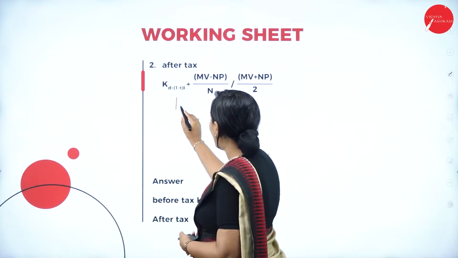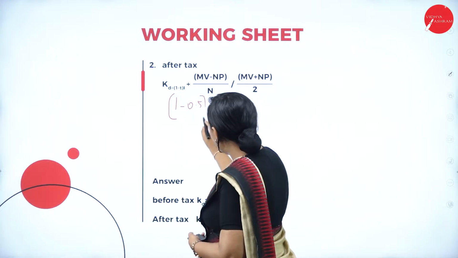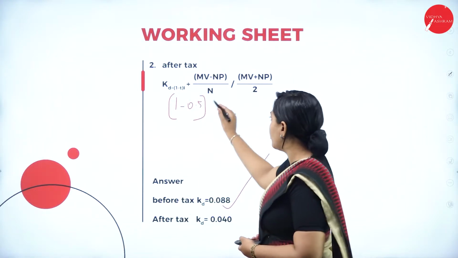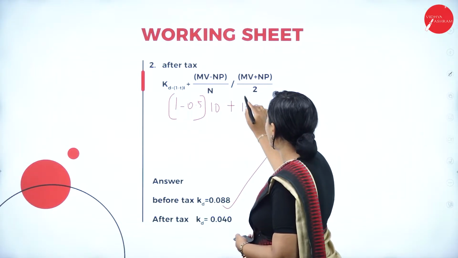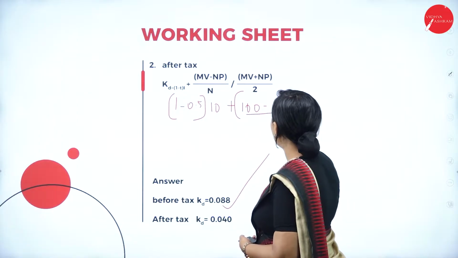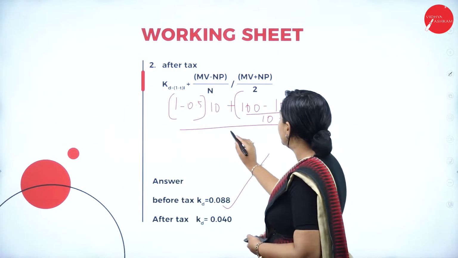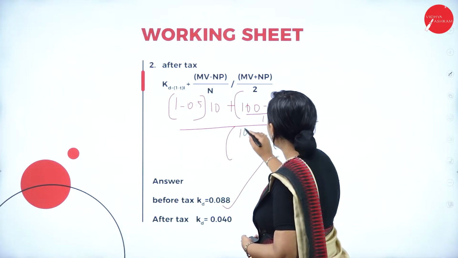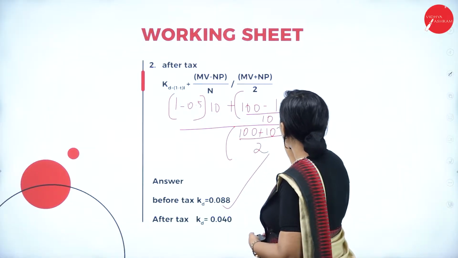So 1 minus tax rate is how much? 0.5 into interest is how much? 10 rupees plus maturity value 100 minus net proceeds 108 divided by number of years, 10 years, whole divided by maturity value 100 plus 108 divided by 2.